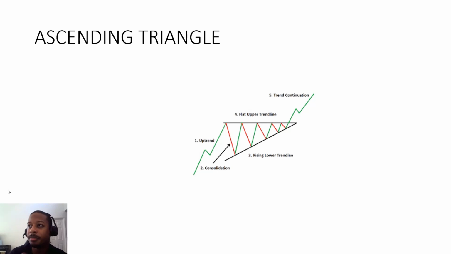Once it pulls back, you'll start to see what's called a rising lower trend line. So you'll see higher lows, higher lows, higher lows coming up here. The fourth thing you want to look for is a flat upper trend line. Where is the stock being stopped at? And then you're going to see it start to consolidate there.